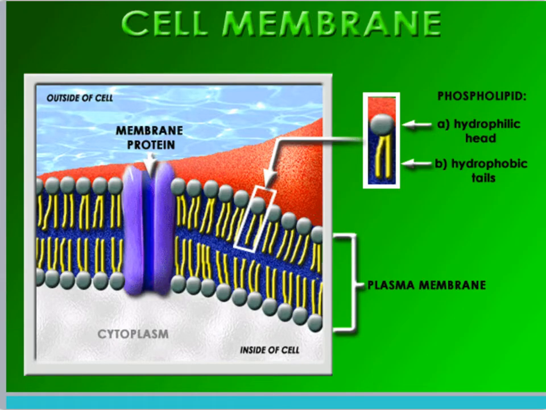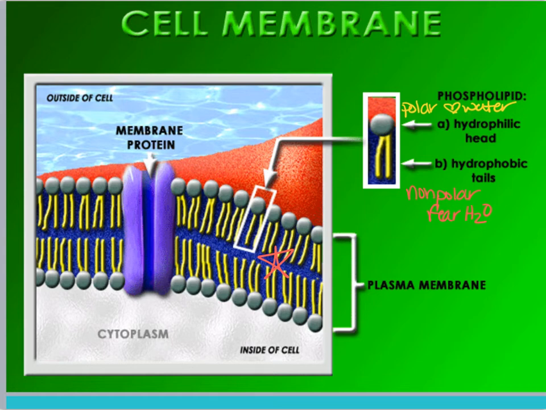So here's a picture of the cell membrane. If you notice, you have your one phospholipid highlighted here, and you have your hydrophilic or polar head here, and it loves water. And then in the center you have the tails, which are going to be nonpolar because they're lipids, they're fatty acids, and so they fear water.